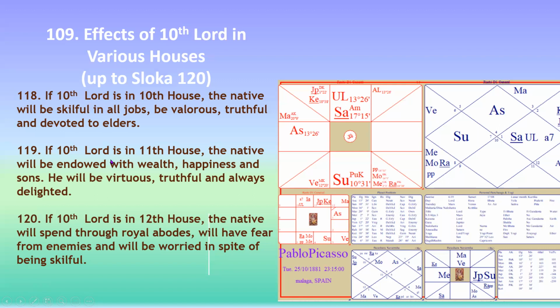It's the 10th Lord. So if the 10th Lord is in the 12th, the native will spend on royal abodes, will have fear from enemies, will be worried in spite of being skillful. But this is another great yoga. Even though Parashara says they will have fear from enemies, yes, they will, but he's very skillful. Their work never ends. It's a beautiful yoga. It's a massive Raj yoga.